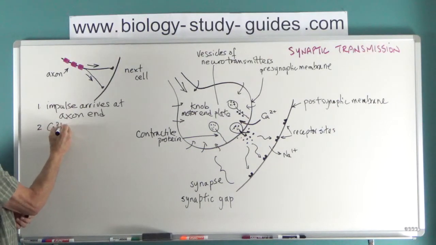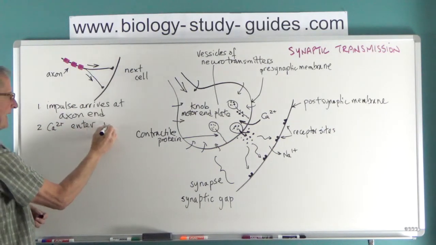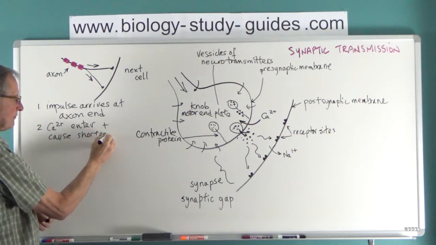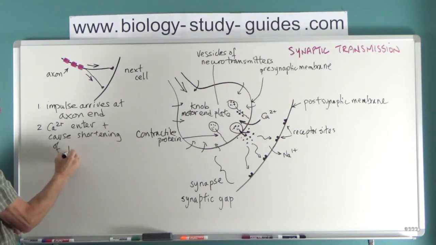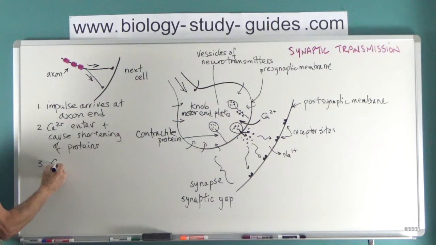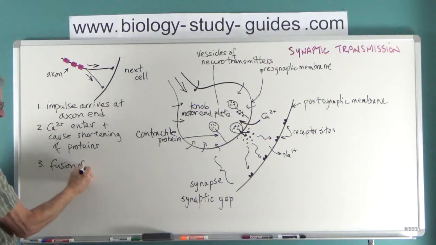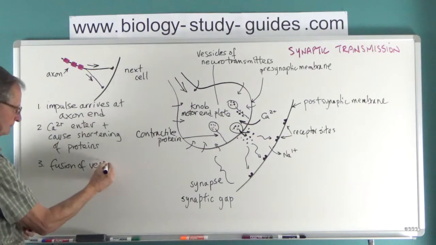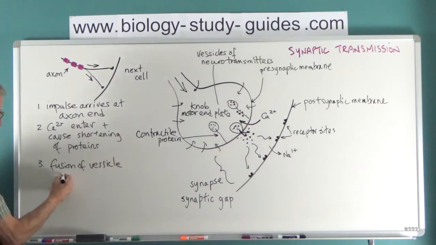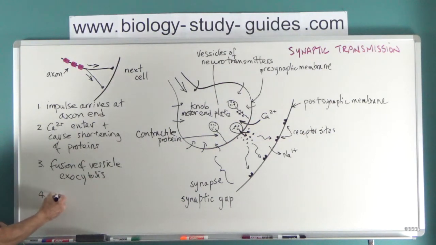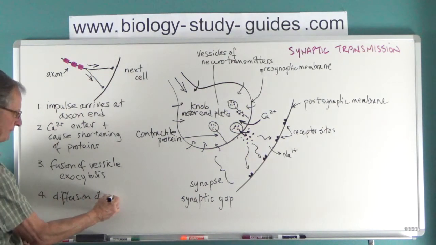Calcium ions enter and cause the shortening of the proteins, contractile proteins, fusion of the vesicle, followed by exocytosis. Fourth thing that happens is diffusion of the neurotransmitters.